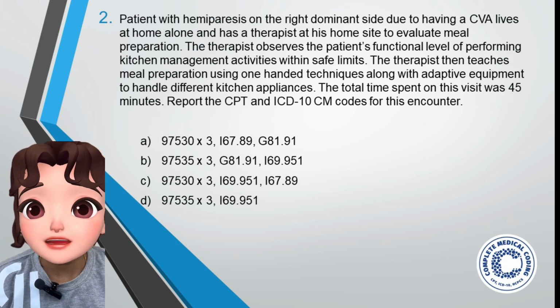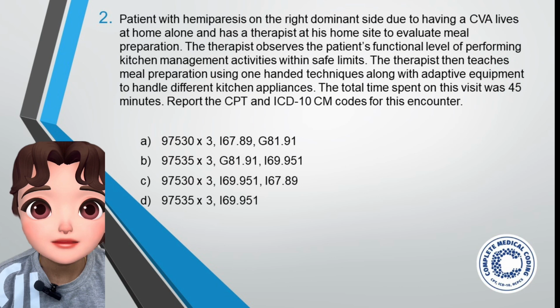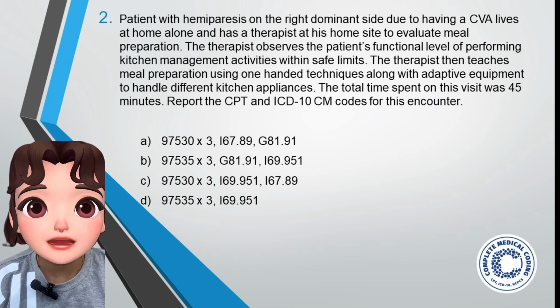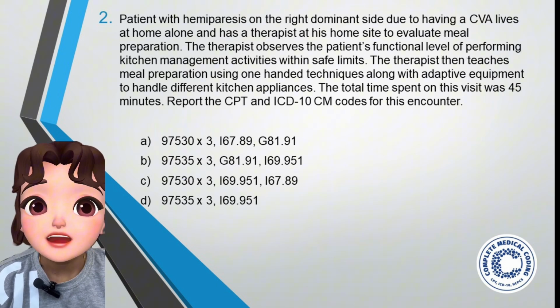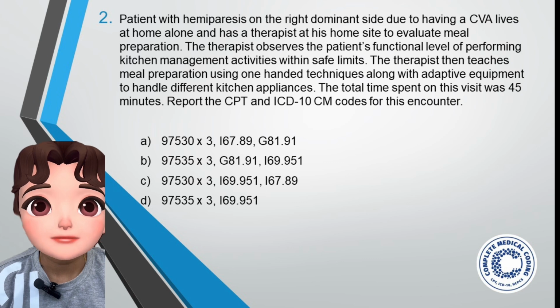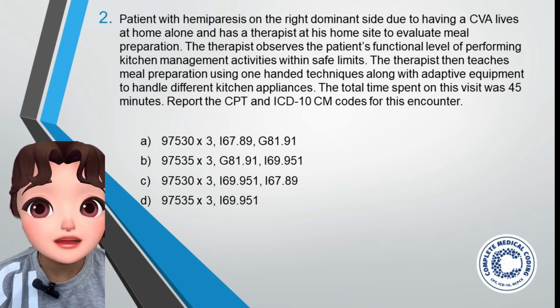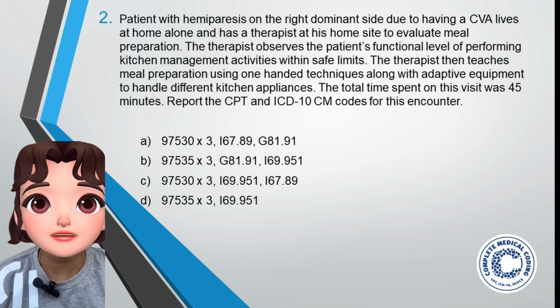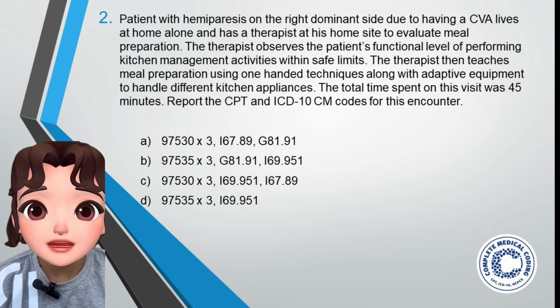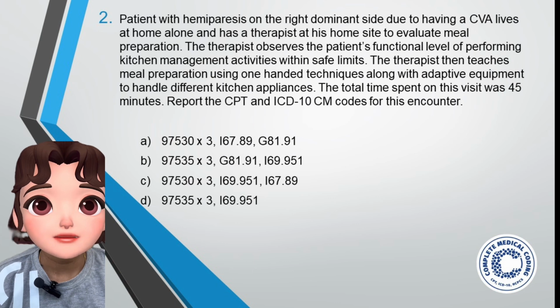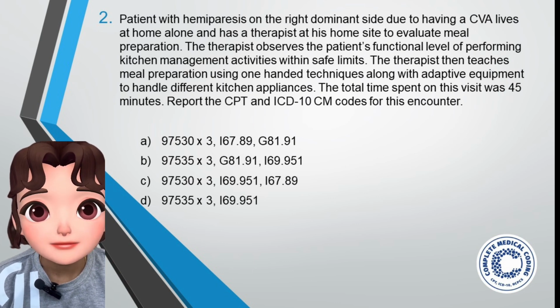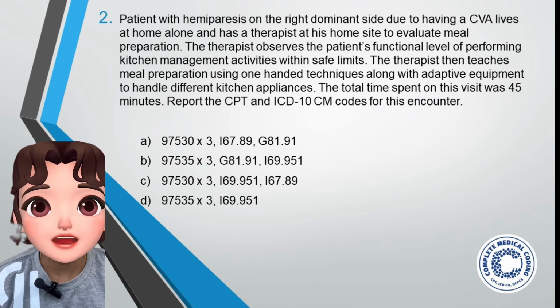So here the question is related to rehabilitation. These codes 975 represent all rehabilitation codes. Anyway, let's move to the ICD codes one by one. What is our diagnosis? Hemiparesis on the right dominant side. So we have to look for the ICD code. Hemiparesis. What is the first code mentioned in option A? I67.89.